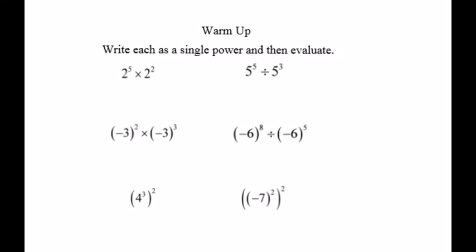So when we did this work yesterday, we worked with exponents, and when we multiplied two bases, the exponents got added together. When we dealt with division of two bases that were the same, the exponents were subtracted.